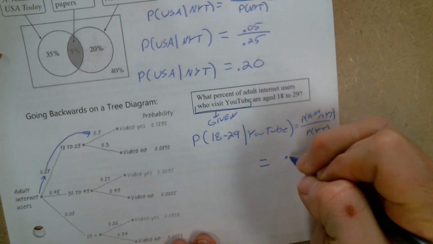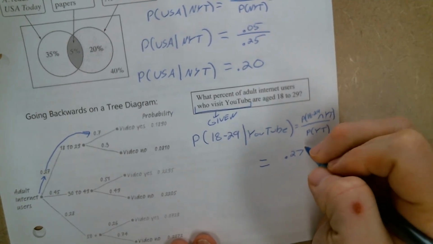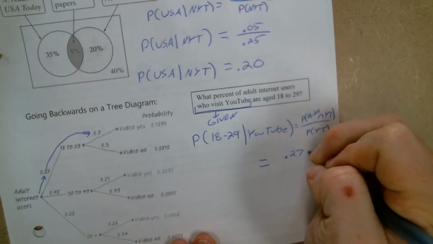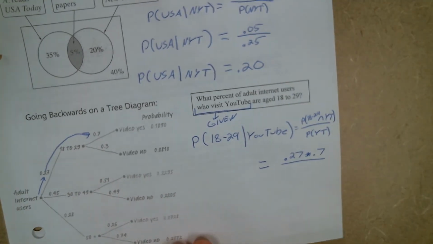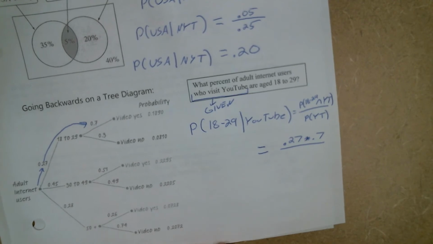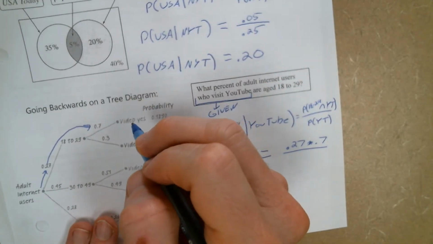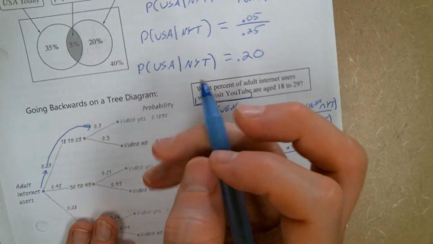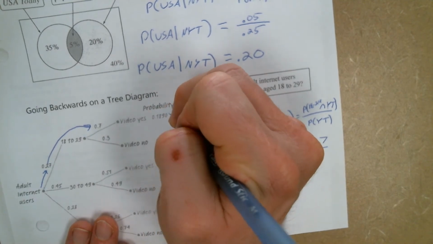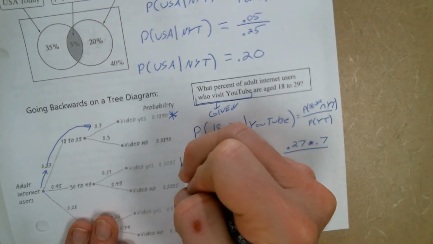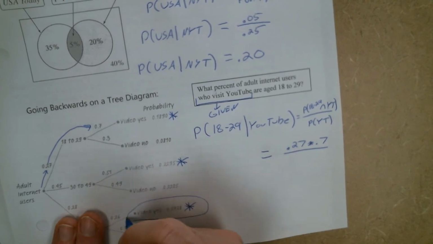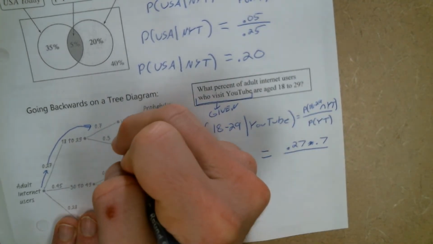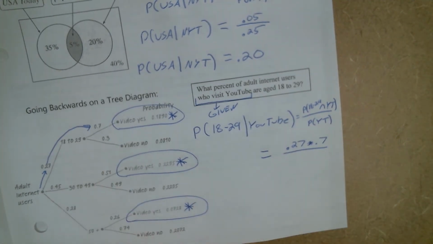So that gives us 0.27 times 0.7 over the probability of YouTube, which is really 3 branches in total. It's this branch, and this branch. So we're going to need to look at all 3 of those.